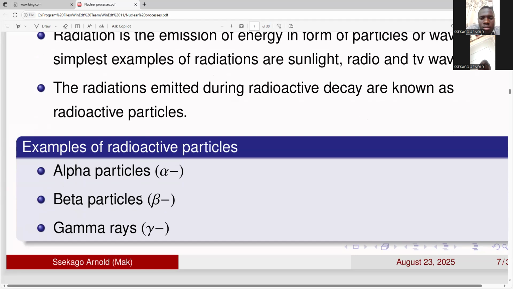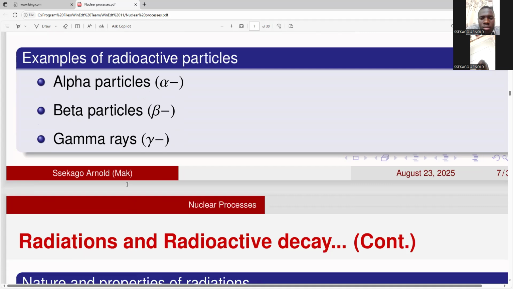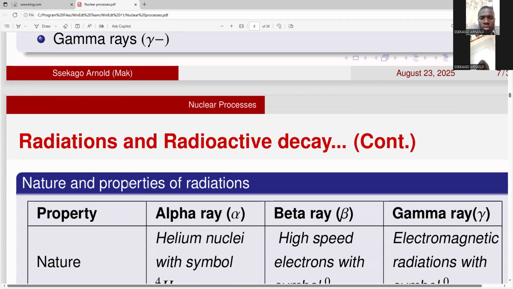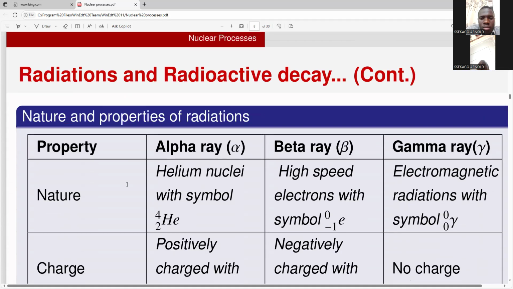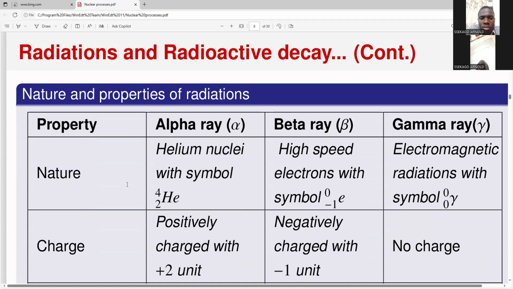So we are going to explore what each of these particles represent, as in their nature and also their properties. We have a simple table here. Don't forget, I told you last time, you can decide first to pause, then write down this work, and later listen to the explanation.